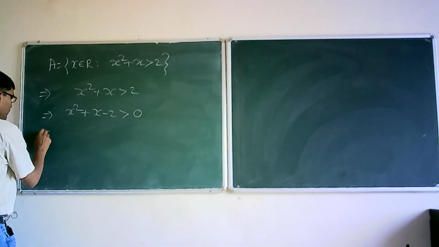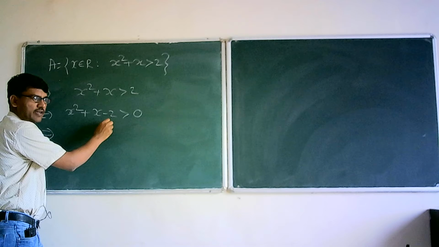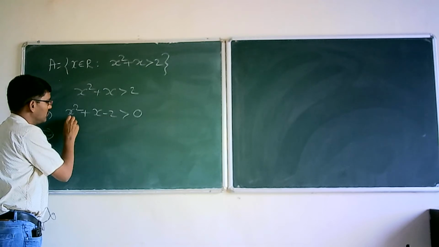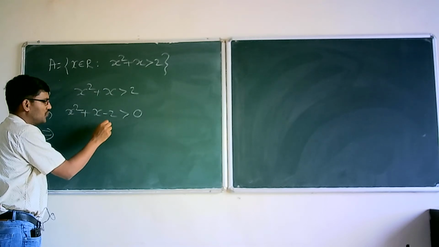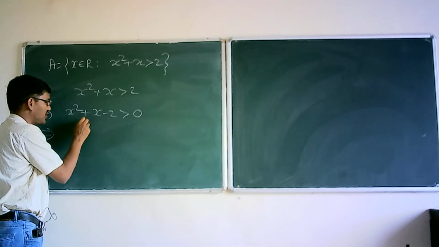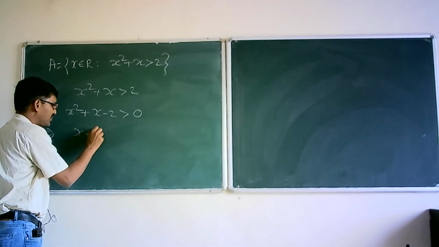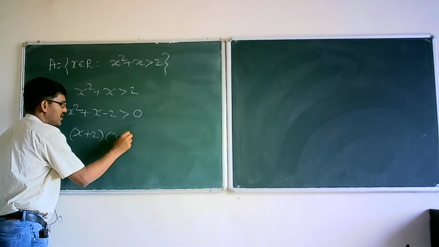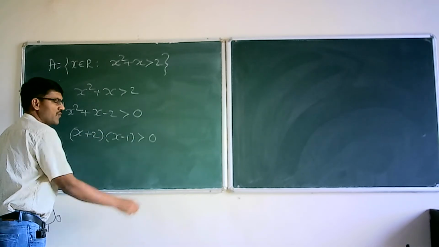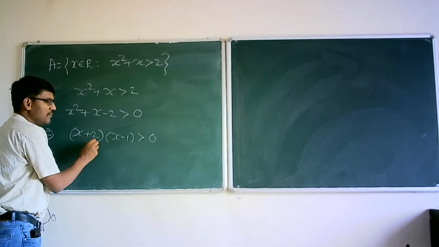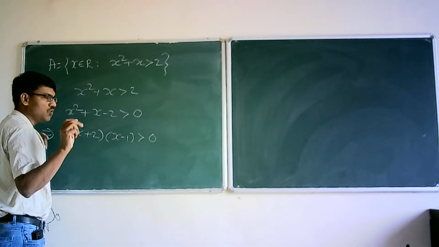Now if you observe, this is a quadratic expression, and here we want to determine two numbers whose product is -2 and sum is 1. Such numbers give (x + 2)(x - 1) > 0. Now when the product of two numbers is greater than 0, there are two cases.